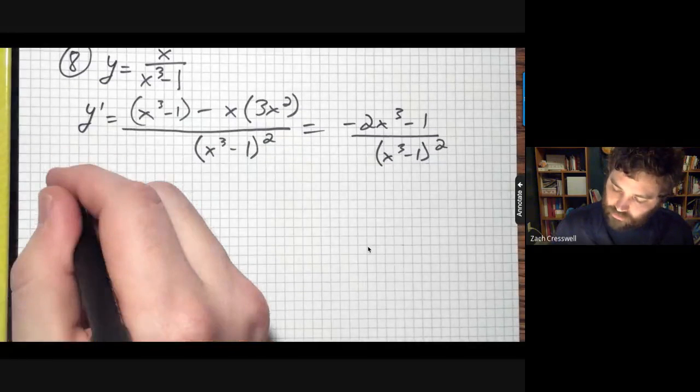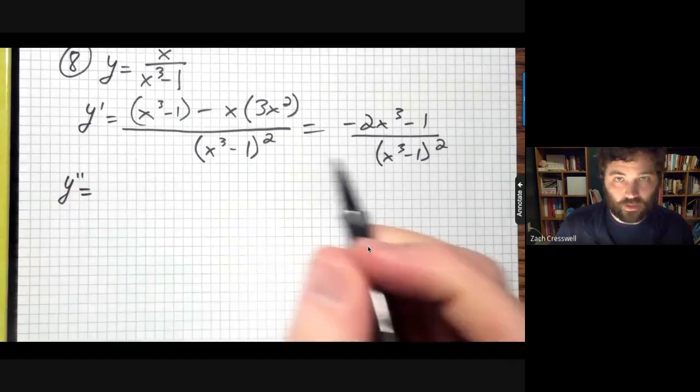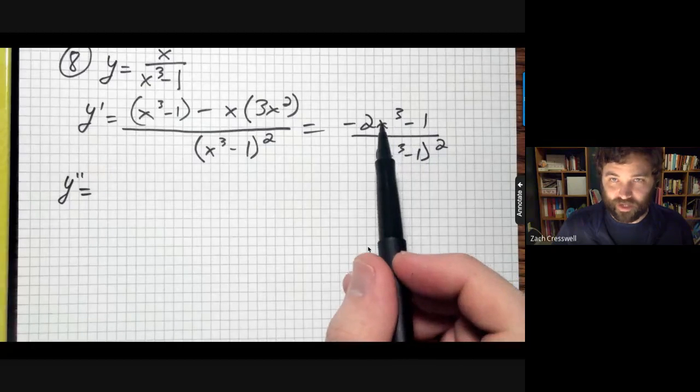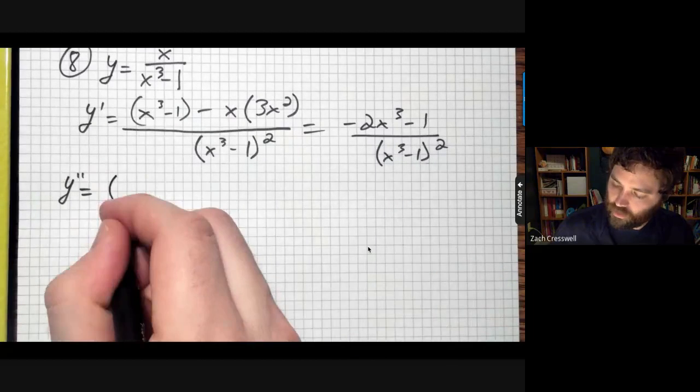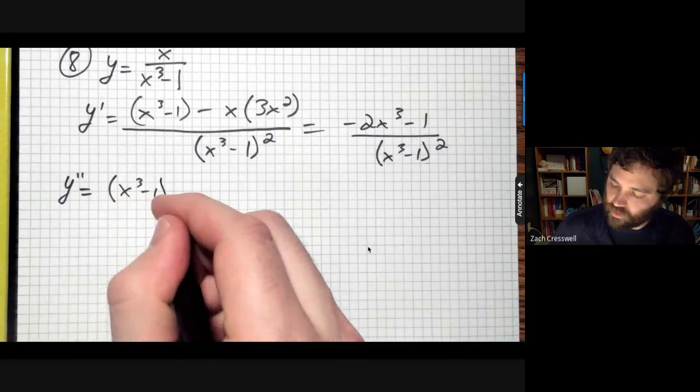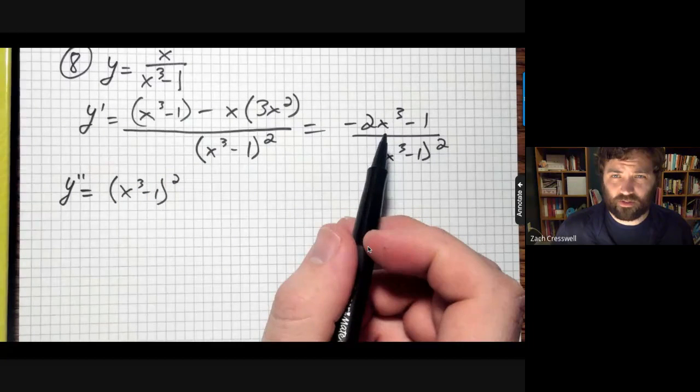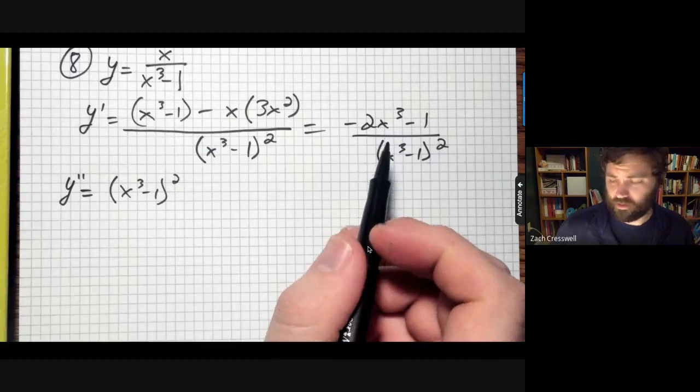Second derivative then. This should be fun. We've got bottom times the derivative of the top. So x cubed minus 1 squared times the derivative of the top is going to be negative 6x squared. I think that's it.